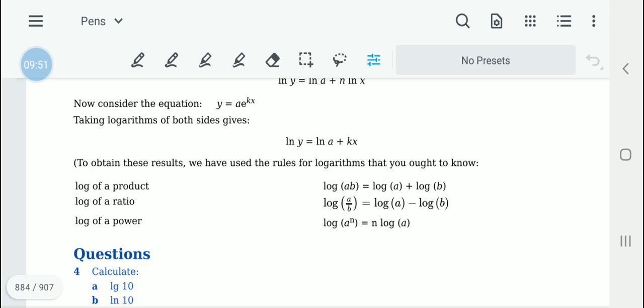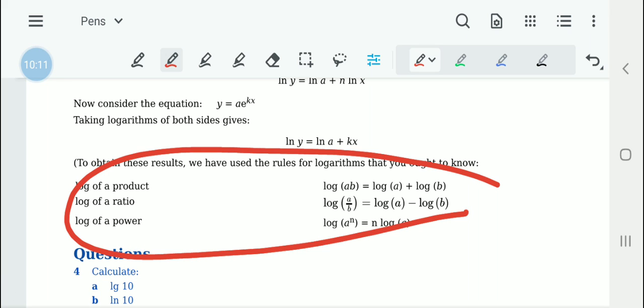These are rules that we have learnt at O levels, at least in mathematics. If you have not learned this, it is in the local syllabus. If you have doubts, once again tell me. But these are the simple rules that you need to remember. Log of a product, log ab, can be written as log a plus log b, right?